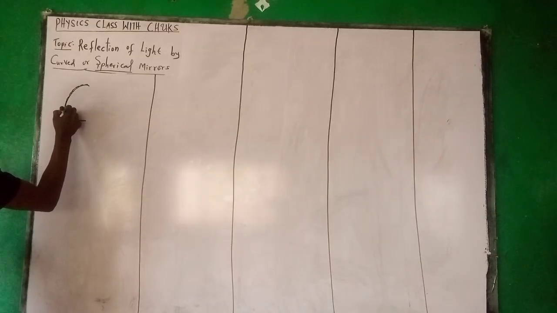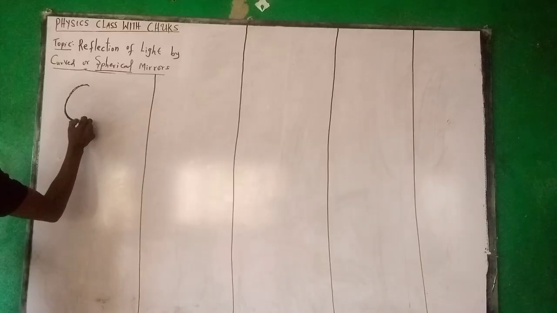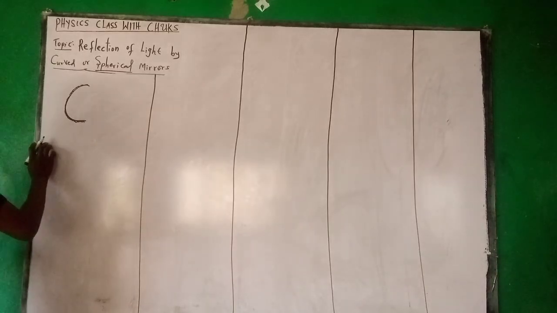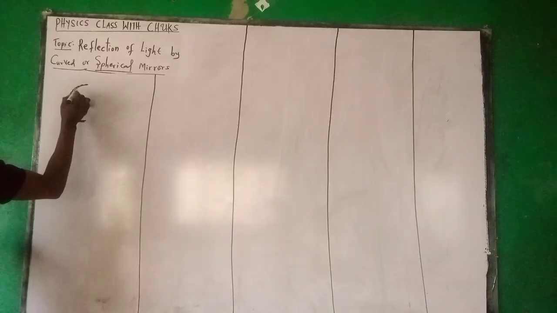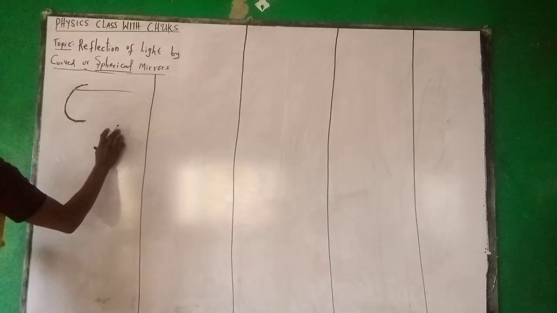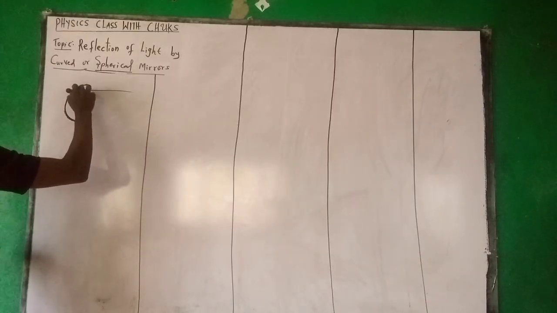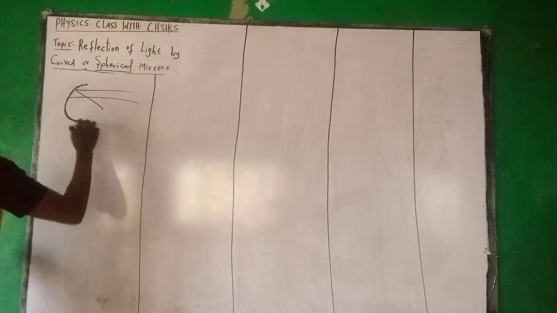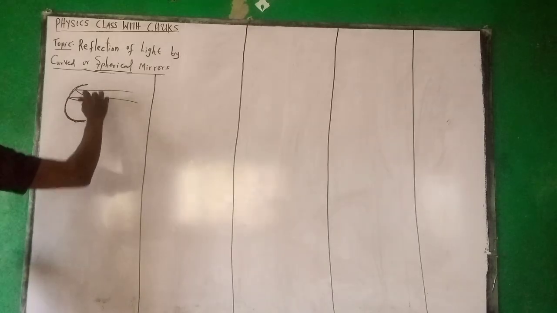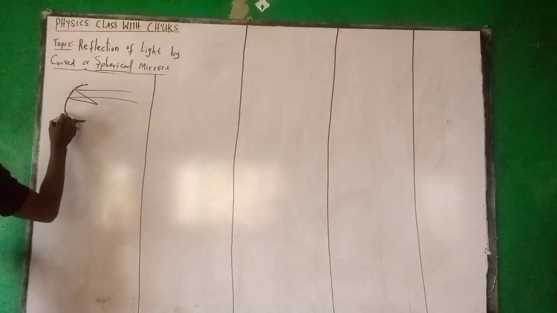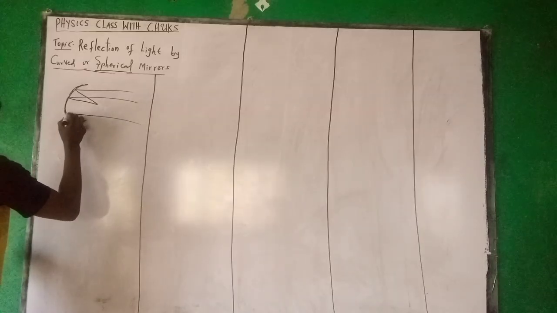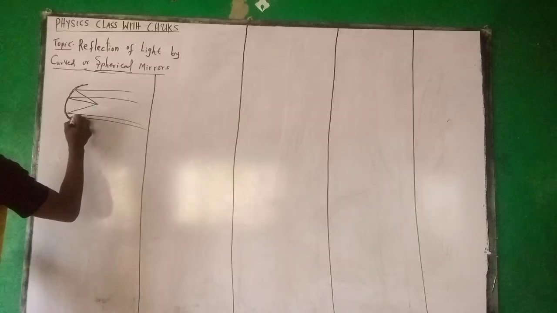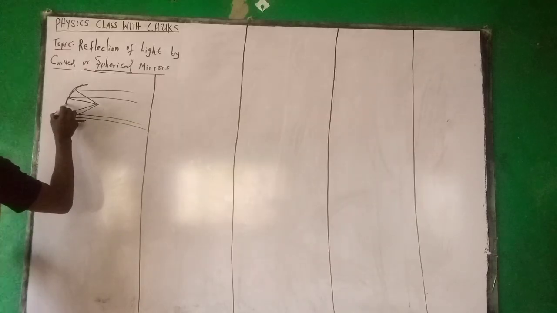If the outside is coated or silvered, such that the inside is the reflecting part, and if this is an incident ray and this is a reflected ray, incident ray, reflected ray, incident ray, reflected ray.